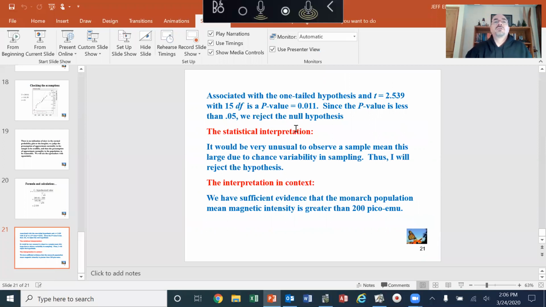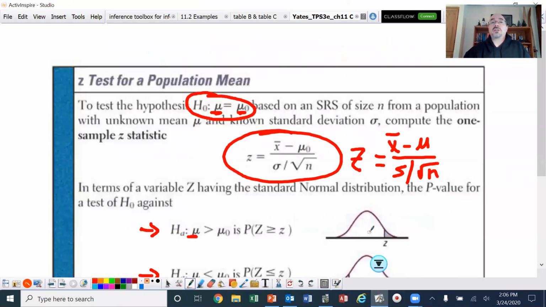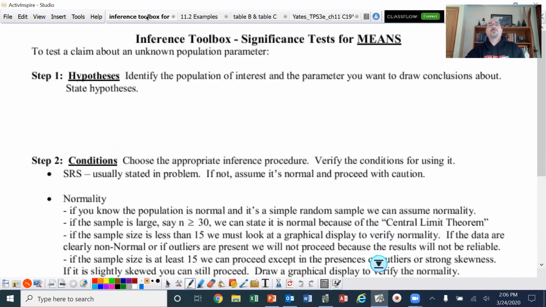All right? Okay. So, remember, we have to follow our procedure. So, our inference toolbox. I'm not going to read through all of this. If you need to pause, you don't need to write all of this down. Again, you can always come back to this. You can look at this, okay?